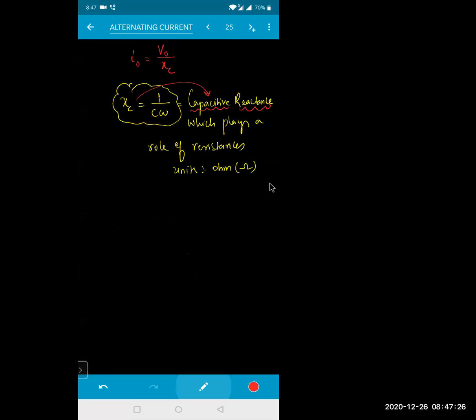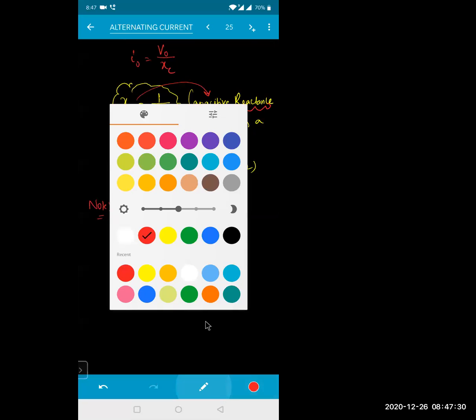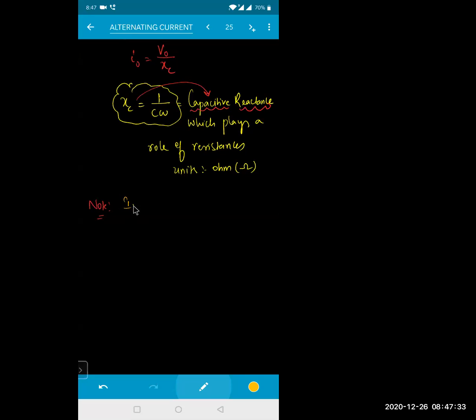So keep a note for this: in a capacitor only, current leads the voltage by pi by 2. Current leads the voltage by how much? Pi by 2.